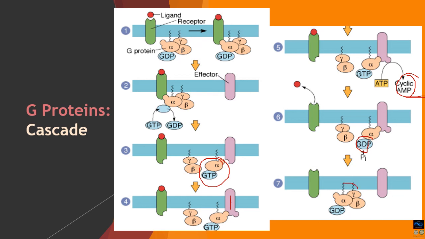It binds back and gets inactivated, and this is the cascade mechanism on the surface of the target cell in response to the binding of a ligand or a hormone. What happens afterwards is the action of a second messenger, which in this case is the cyclic AMP produced by the adenylyl cyclase, which we will be discussing in a separate lecture.